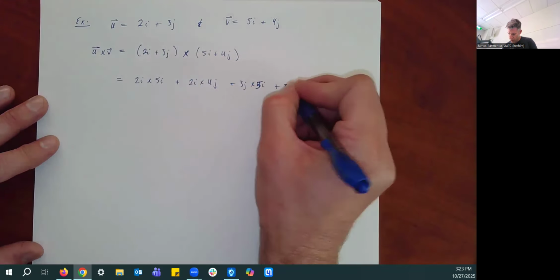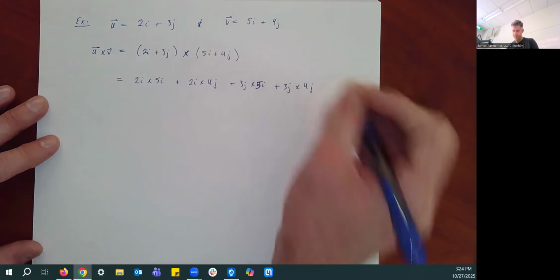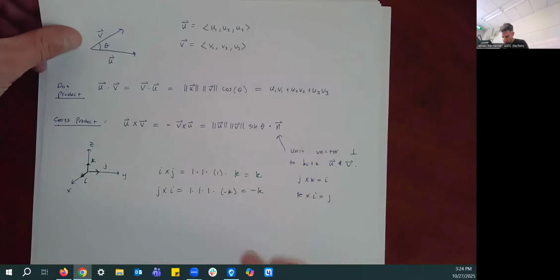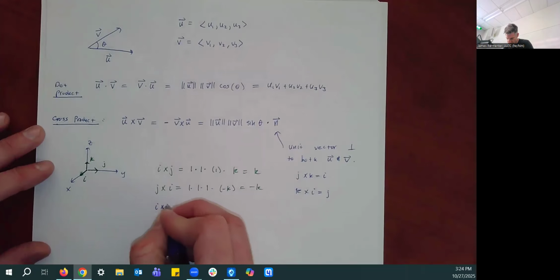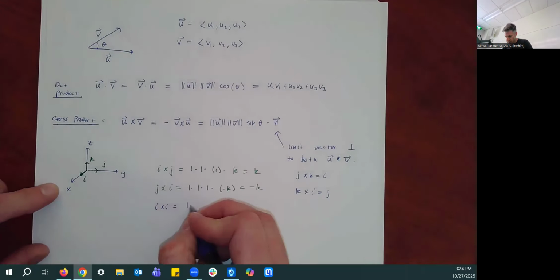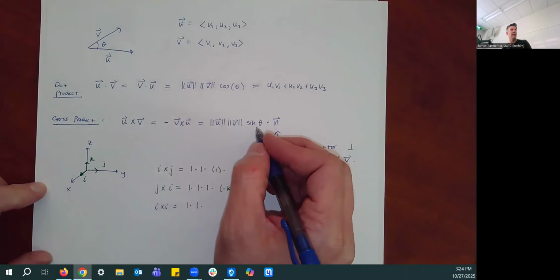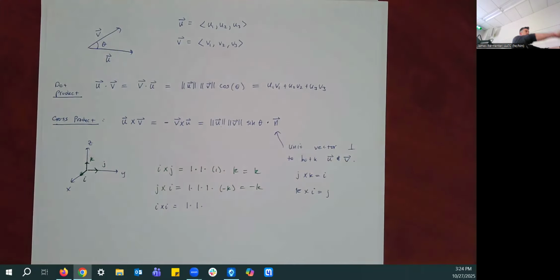plus 3j cross 4j. Oh, I forgot. What's i cross i? Let's look back at the definition. So if I do i cross i, that's going to be the magnitude of i times the magnitude of i times sine of the angle between i and i, which is 0 because the angle between a vector and itself is 0 and sine of 0 is 0.